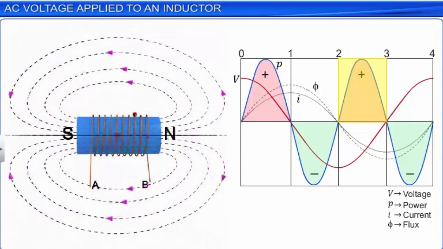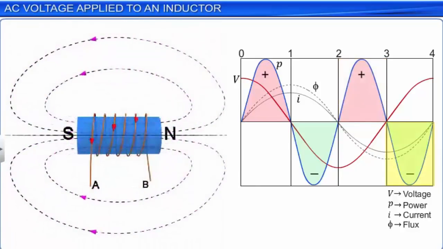Hence, energy is being absorbed by the inductor. During the last time interval, 3-4, the value of the current decreases and reaches 0. As the current is negative, while the voltage is positive, it means that the power is negative. Hence, energy is again being released from the inductor.